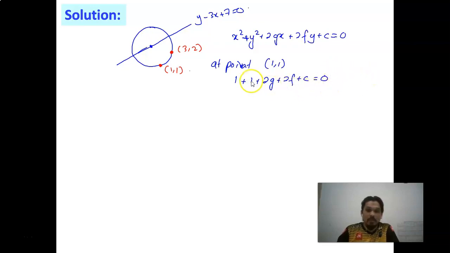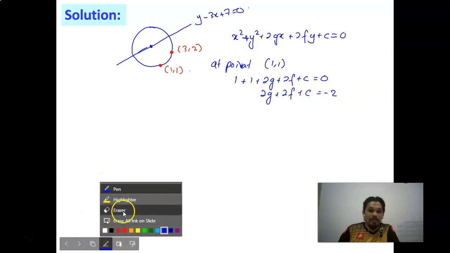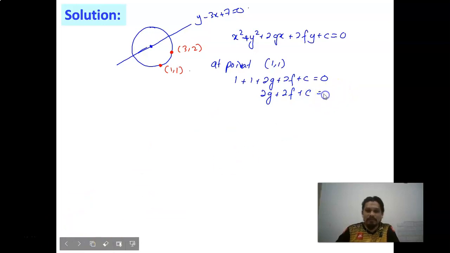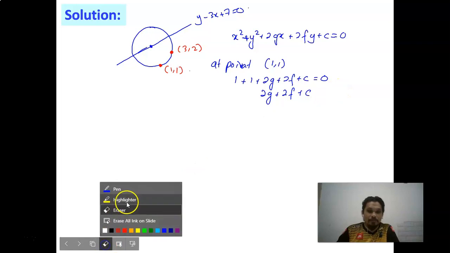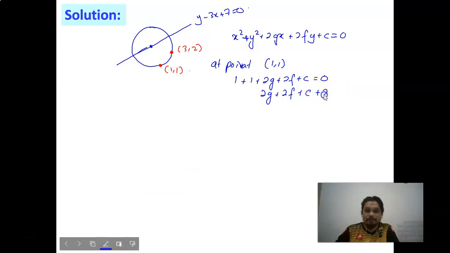Okay, 1 plus 1 equal to 2, so then 2g plus 2f plus c, bring 2 to the side become negative 2, equal to 0. Negative 2 or plus 2 equal to 0. Equation 1.